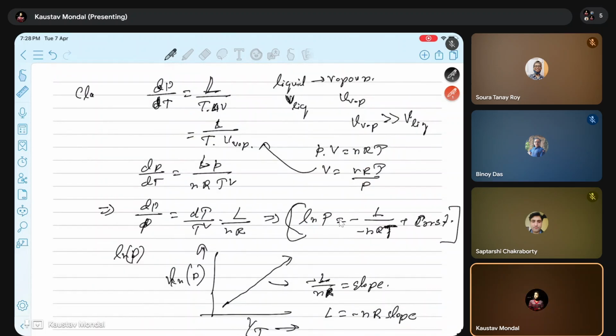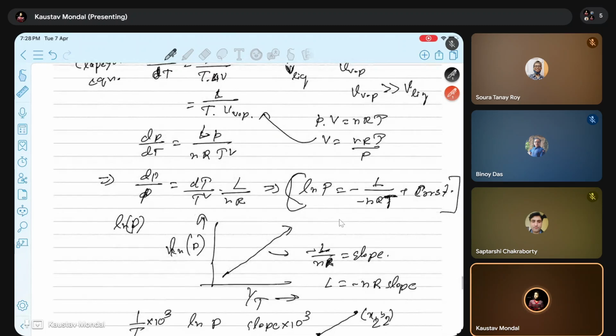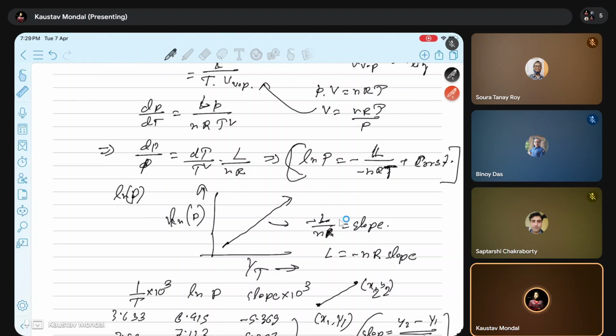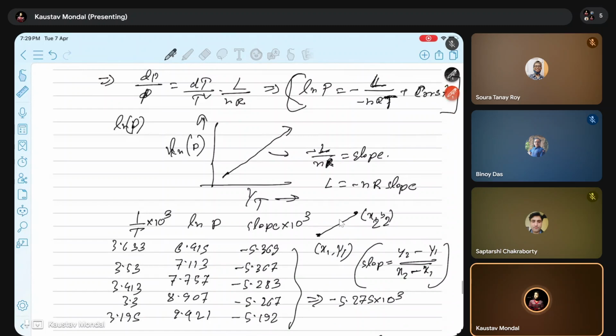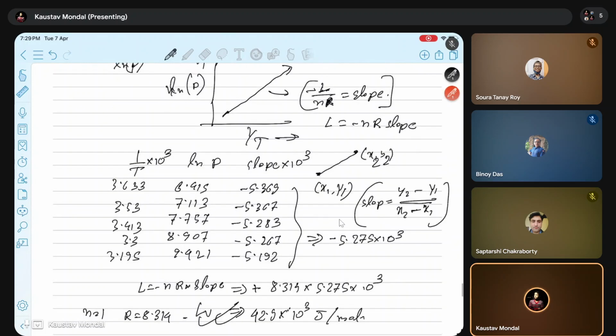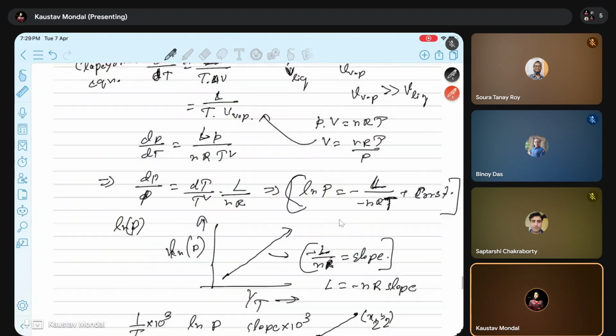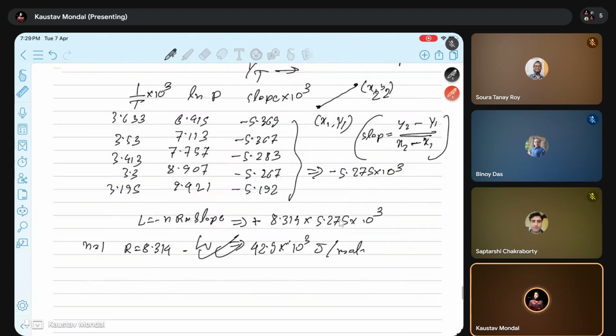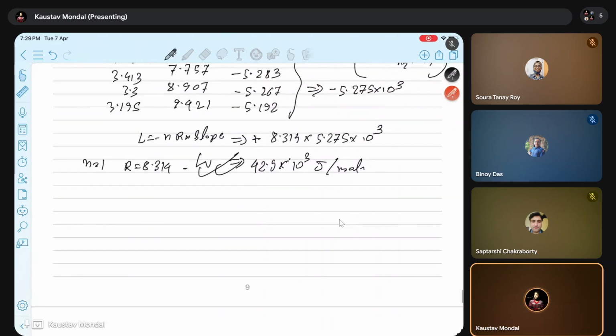This is the Clapeyron's equation, and from this equation, the phase line looks like this, where ln P versus 1 by T follows a linear kind of diagram, where the slope of this diagram is related with the latent heat. So in order to calculate the slope, we have used the data given in the problem, and from the slope we get the latent heat of evaporation.